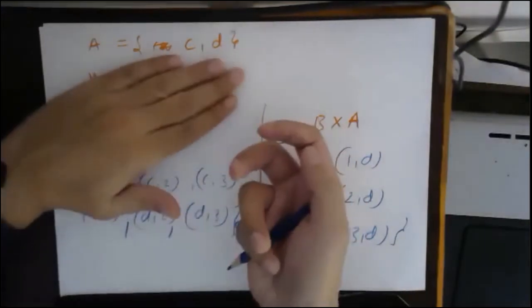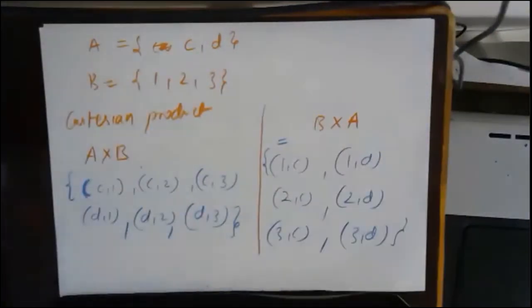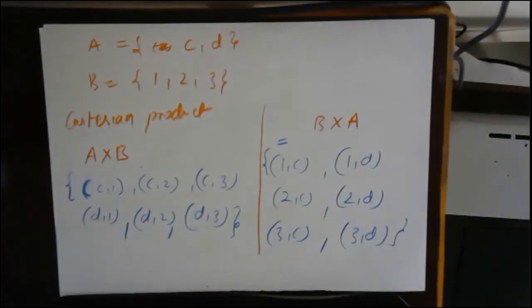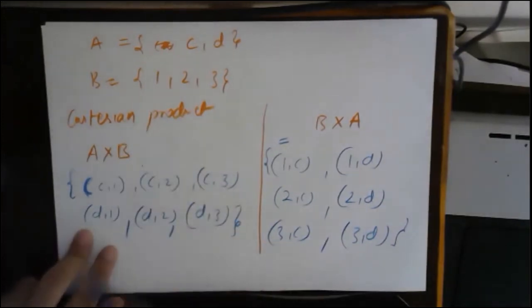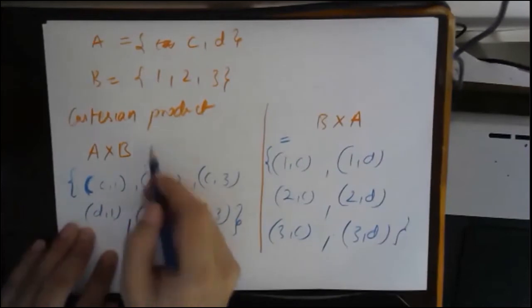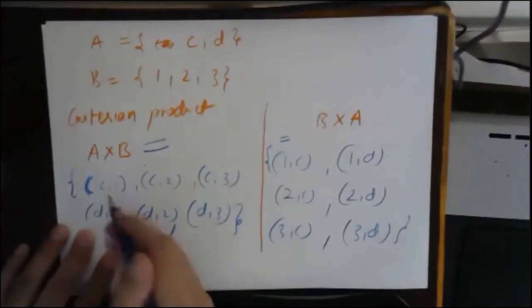I cannot say what is a Cartesian product from set A to nothing. There cannot be nothing. There has to be A to B, A to C. There has to be two sets. If I am saying A to A also, then it's two sets, right? So the Cartesian product is itself a set which contains these elements.